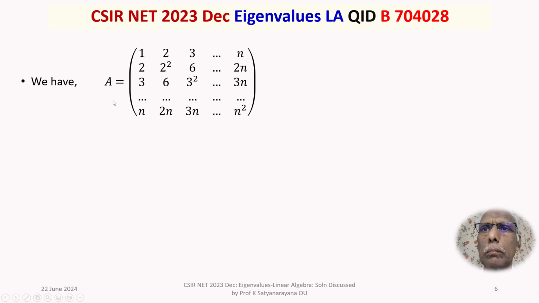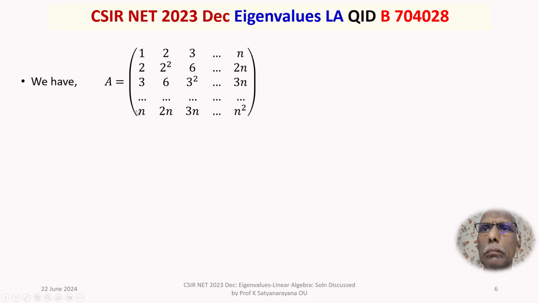So now our goal is to make this A into an echelon form. We want to reduce it by means of elementary row operations. To make the 2,1 position 0, we make R2 equal to R2 minus 2 times R1. To make the next entry 0, R3 is R3 minus 3 times R1.